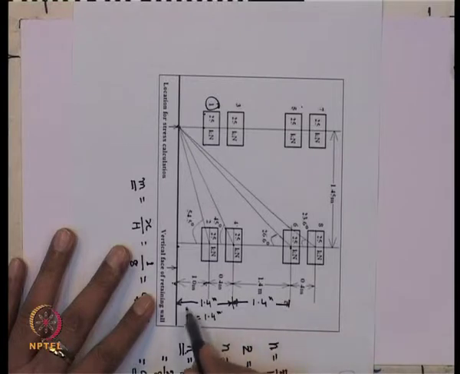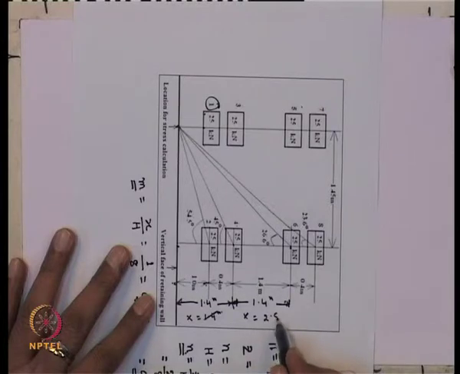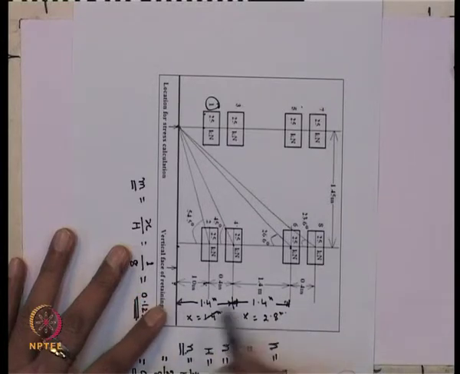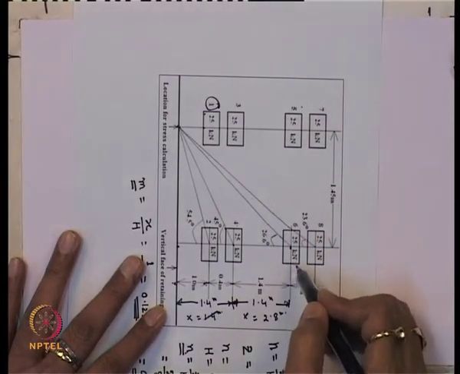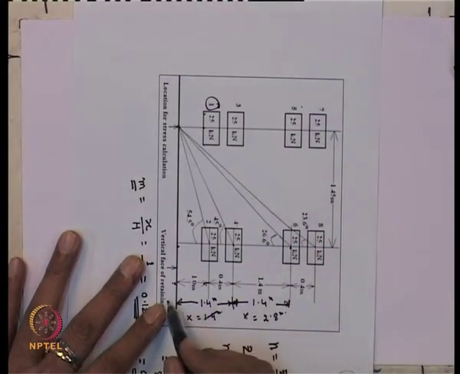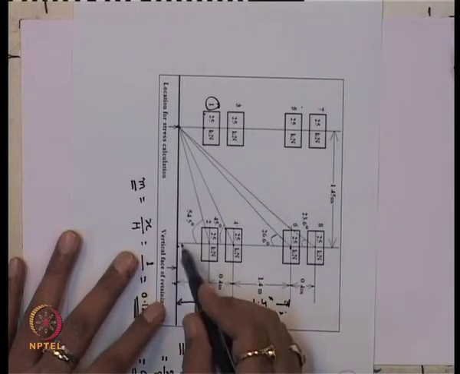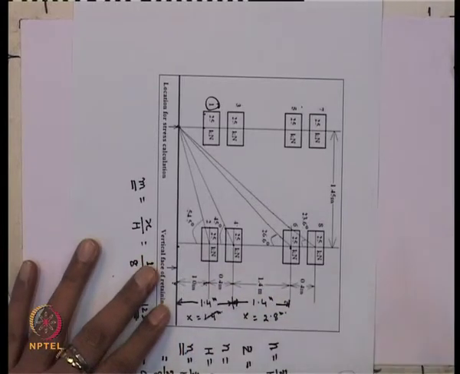So total x will now be 2.8 meter. So wheels 5 and 6 are located 2.8 meter from the vertical face of the retaining wall. So this is x.